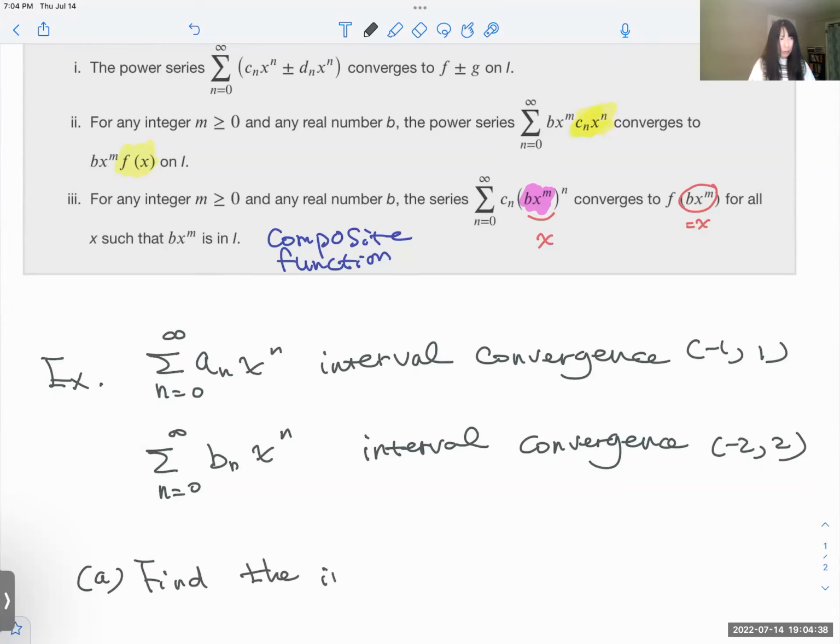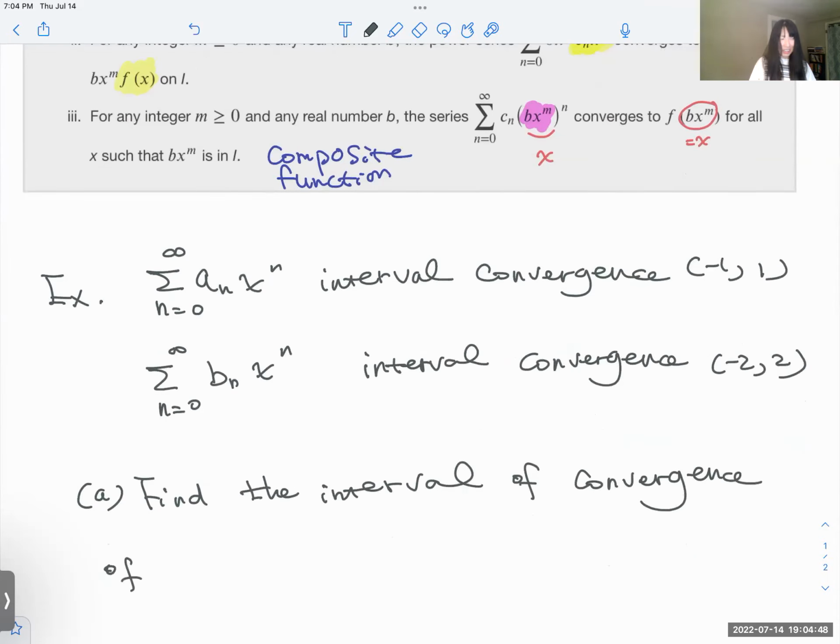Now, find the interval of convergence of the series, the addition, a sub n plus b sub n, x to the n power.